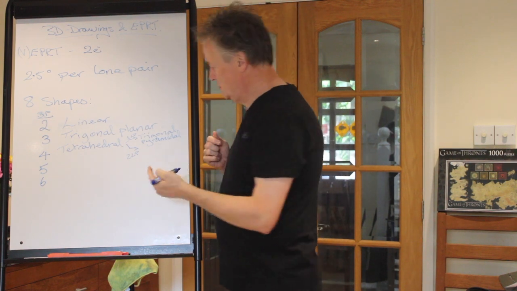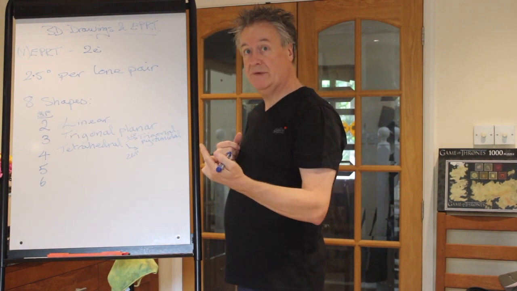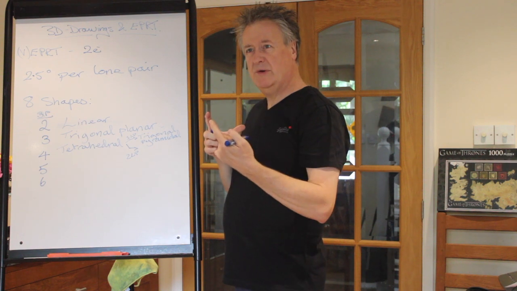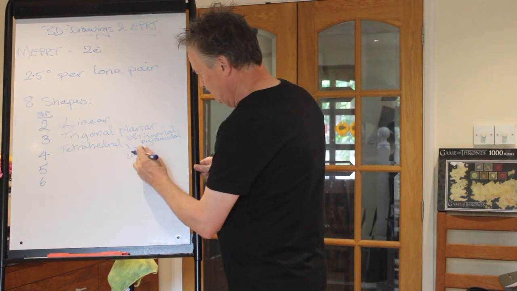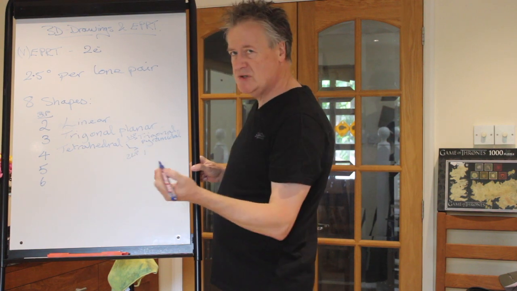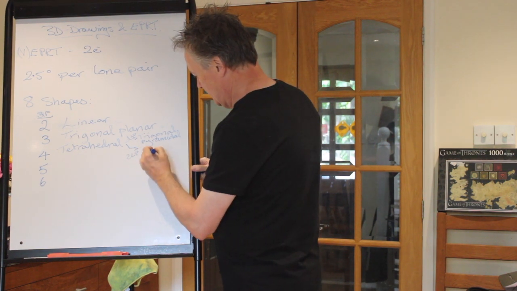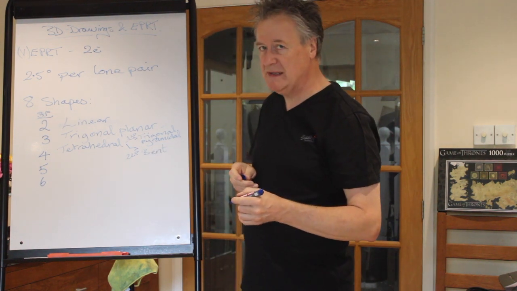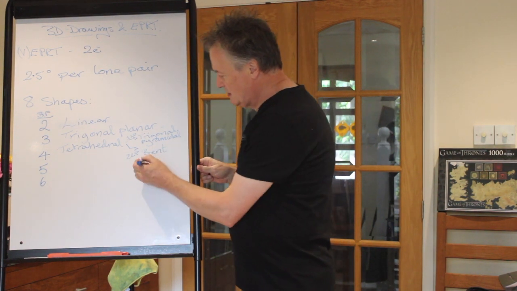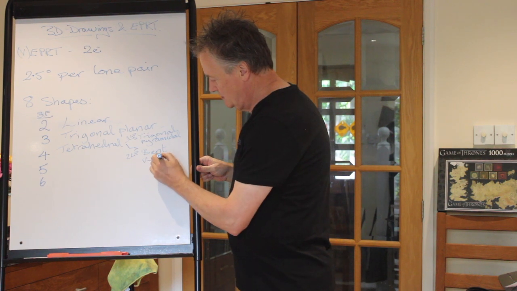You get a thing called trigonal pyramidal. It's not like a proper pyramid, it's quite a squashed pyramid, as we will see when we do the drawings shortly. 2 lone pairs, it comes in 2 names. The name that most people use, I think, is bent. But you also see it called V-shaped.